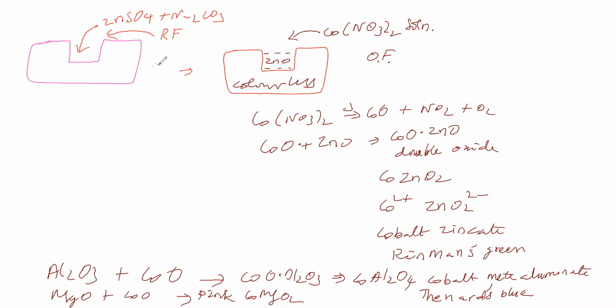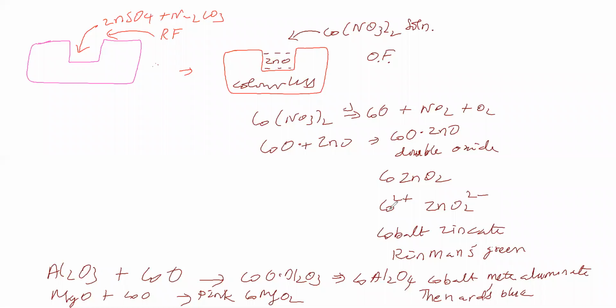Now we take a colorless residue of the charcoal cavity. To this we add cobalt nitrate solution, 1 or 2 drops. Then the oxidizing flame is deflected. Cobalt nitrate decomposes to give cobalt oxide. This cobalt oxide takes this white residue zinc oxide to give cobalt zincate, CoZnO2.